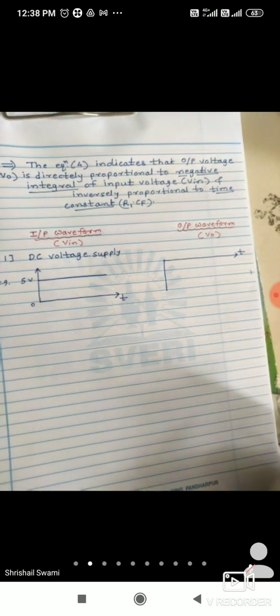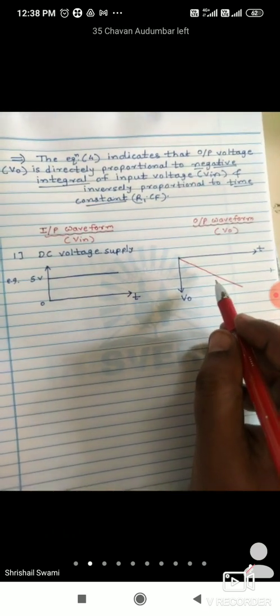That output you are getting as a negative integral. On the x-axis it is the time, and this will be the output expression V0, that you can get negative. Negative, that is the ramp signal. The ramp signal you are getting. So if you are providing the input DC voltage like this, then you are getting the output as an integral output of V in.